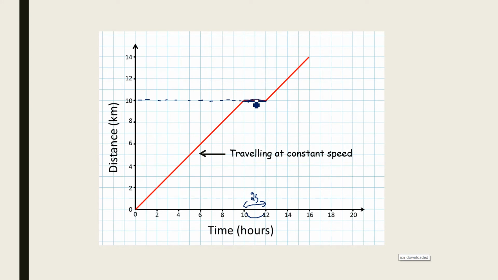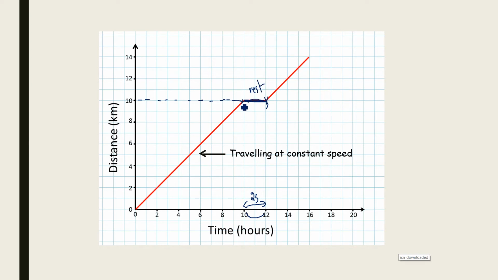It stays at 10 kilometers, in its place. So during these 2 seconds the part of the graph was flat, horizontal, so the car was what?